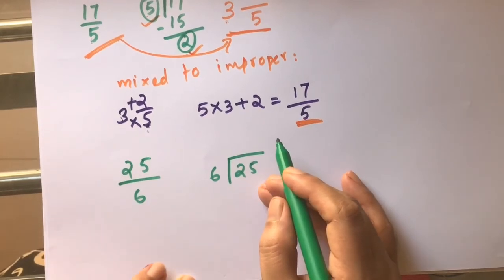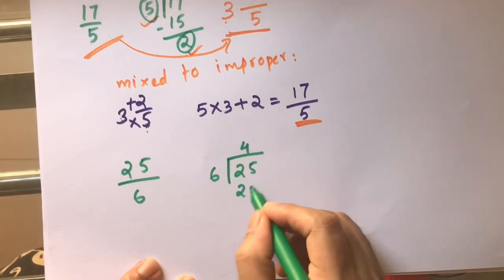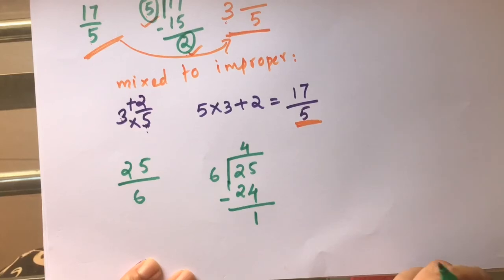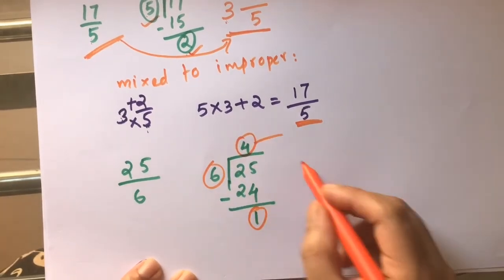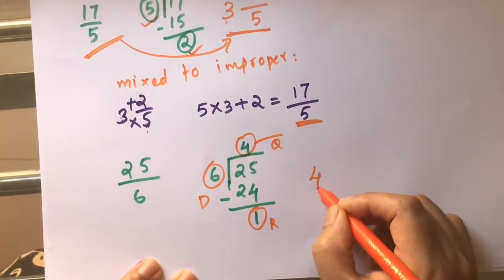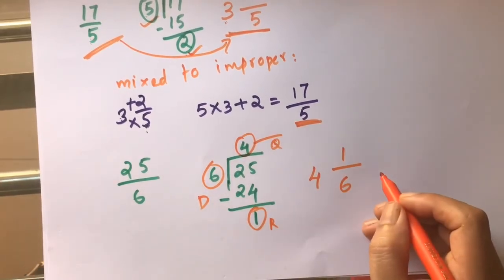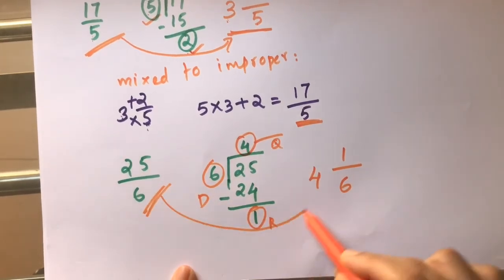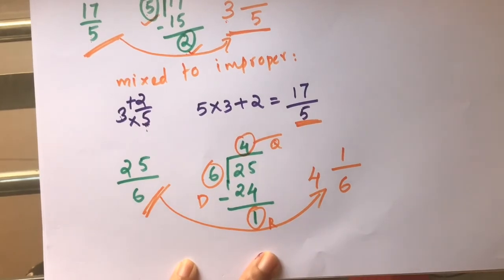In 25, 6 4s are 24. Then subtract, we got 1 as the remainder. In the same way, first write the quotient 4, write the remainder 1, and write the divisor the same. The improper fraction 25 by 6 is changed into a mixed fraction now.